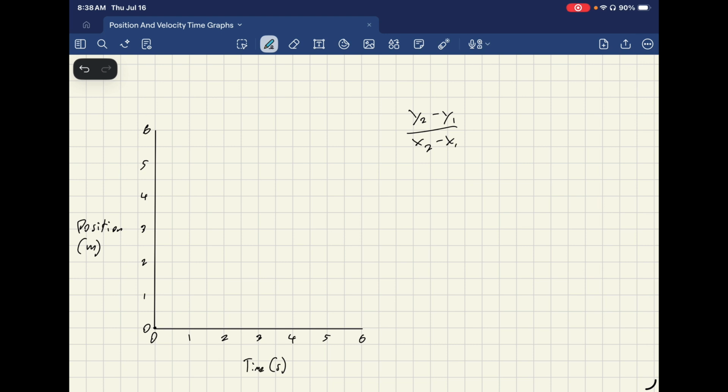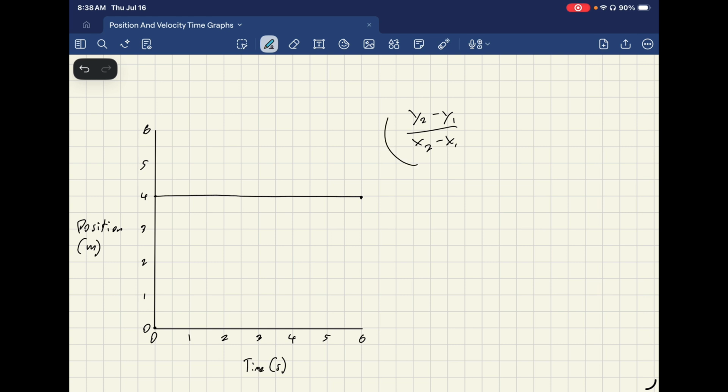All right, let's look at another example. Let's say that you have an object that starts at 0 seconds at 4 meters, and then at 6 seconds, it's still at 4 meters, and it doesn't move between that time. So it just stays there at 4 meters.